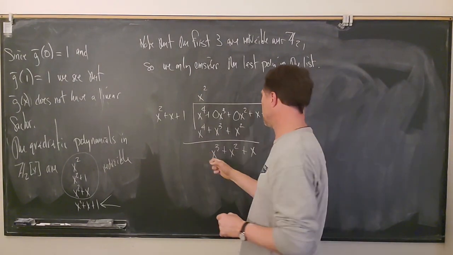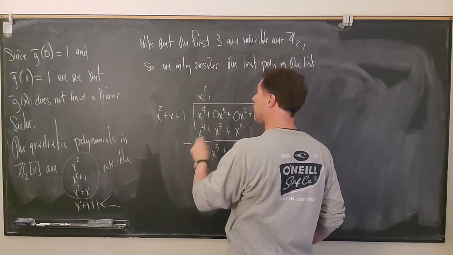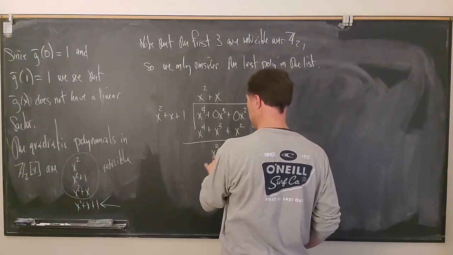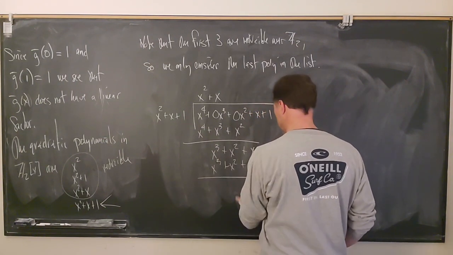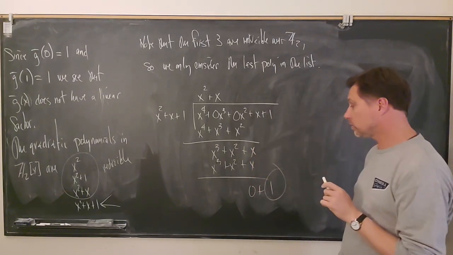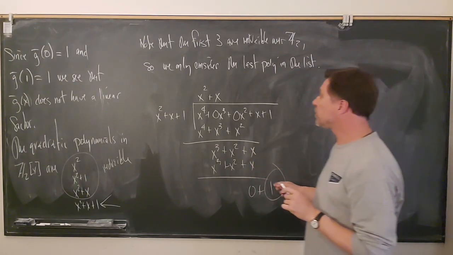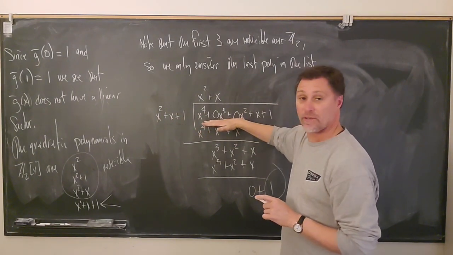X squared goes into x cubed, it goes in x times. So this will be an x cubed plus x squared plus x. Subtract, we get 0, bring down the 1, and so we have a non-zero remainder, which means that this polynomial is not a quadratic factor of g bar.